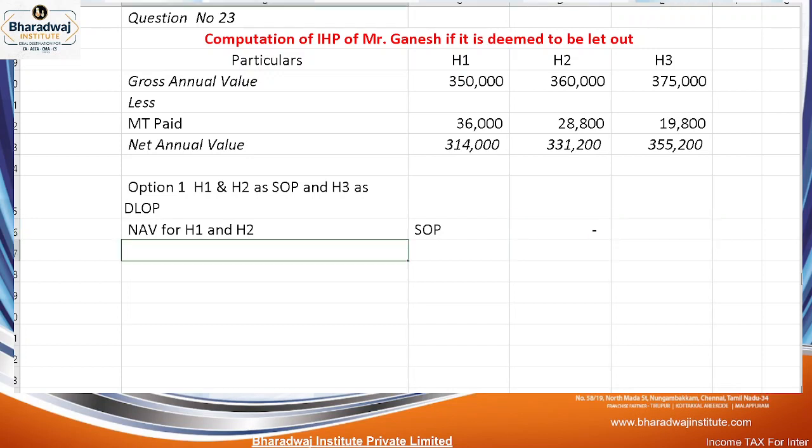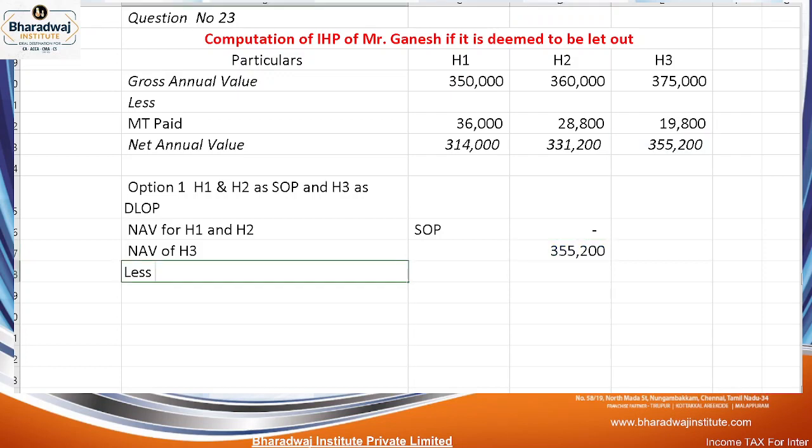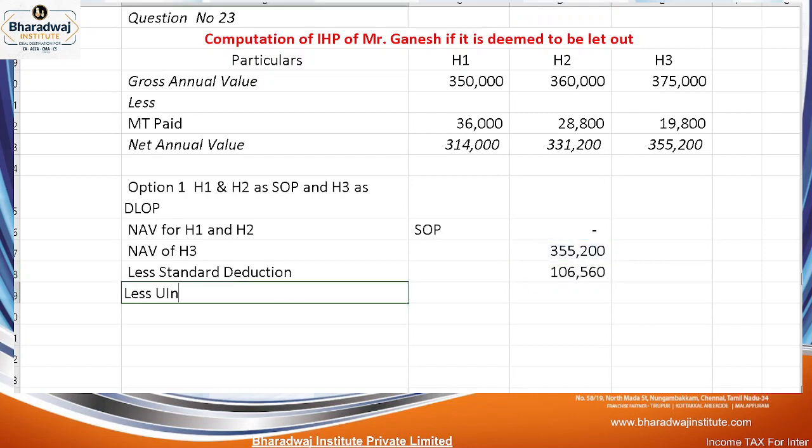Then what is the NAV of house property number 3? 3,55,200 less standard deduction, this into 30%. We have to work out with options, there is no other go. Less interest.